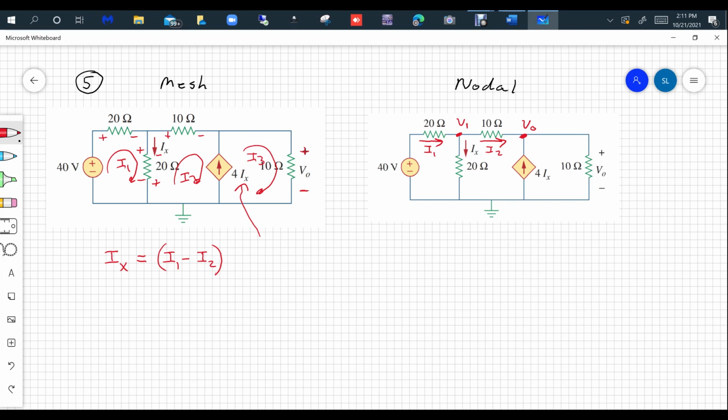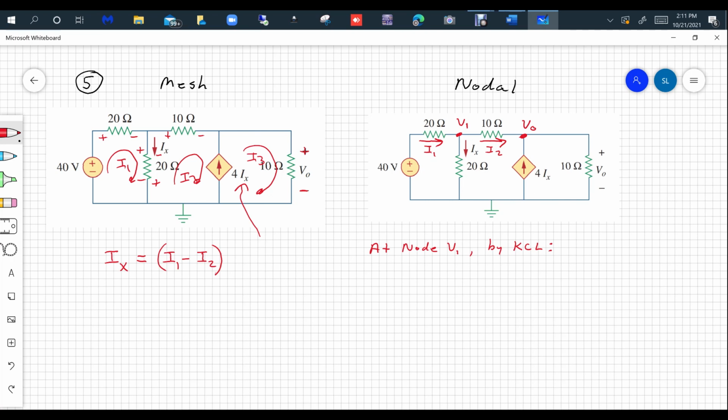So my first level equation at node V1 by Kirchhoff's current law. Let's write the top level equation.